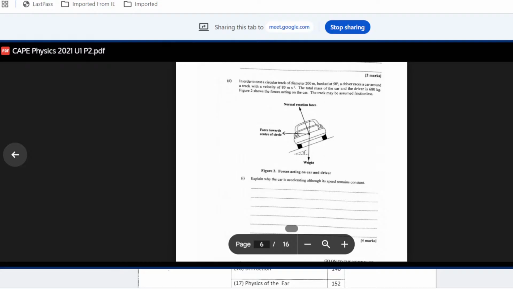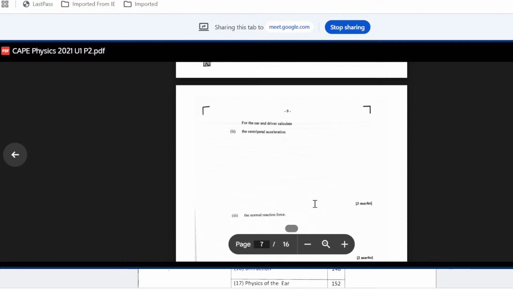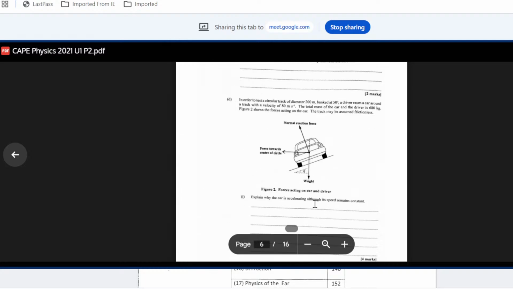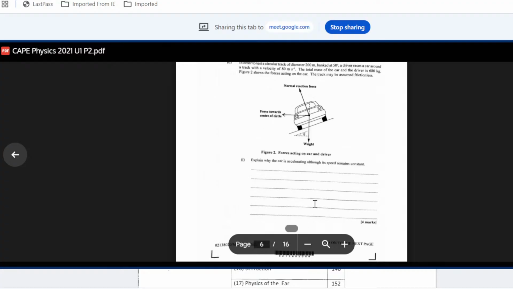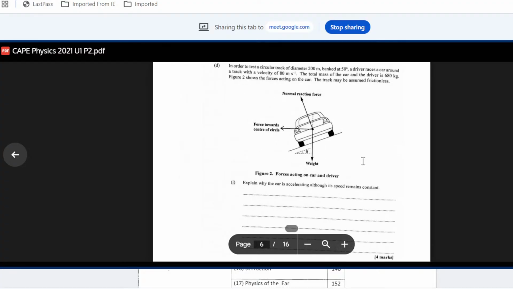Alright, so I guess the next question is going to be a calculation. For the car and the driver, calculate centripetal acceleration. So here's the scenario for the car and the driver. Calculate centripetal acceleration.